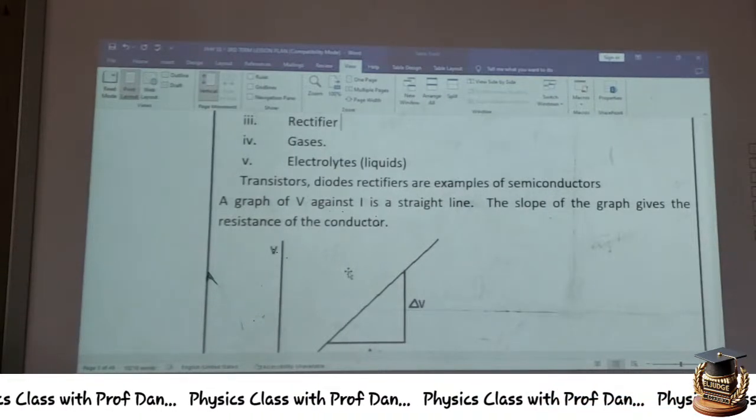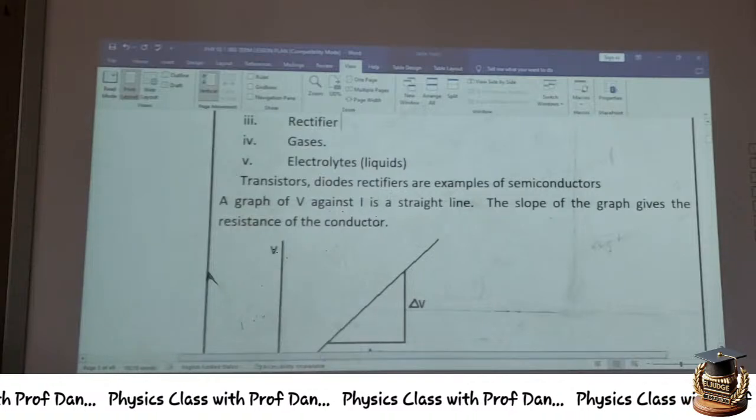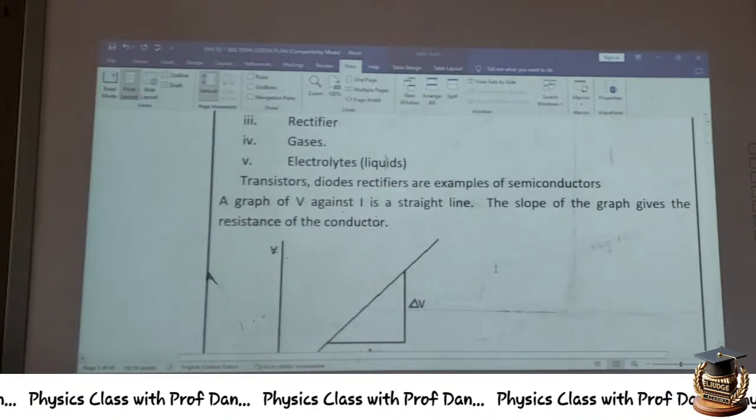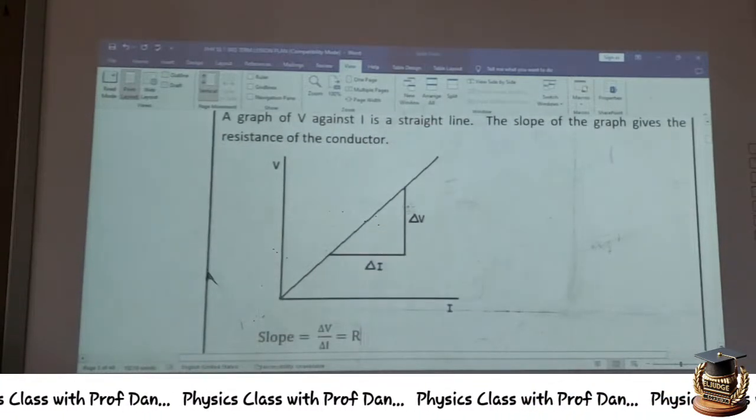Now let's look at the graph of V against I. It gives us a straight line graph, and the slope gives us the resistance of the conductor.